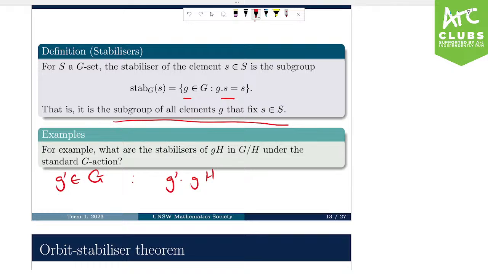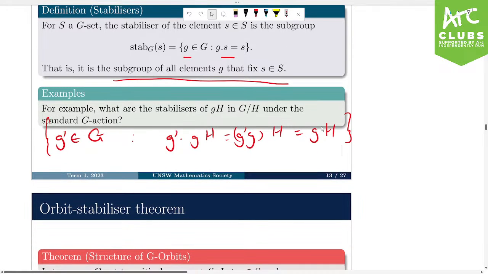So we want all g dash in G such that g dash acting on gH, which is g dash gH, is equal to gH. The only way this can happen is if g dash is actually in H. So the stabilizer here would be H.